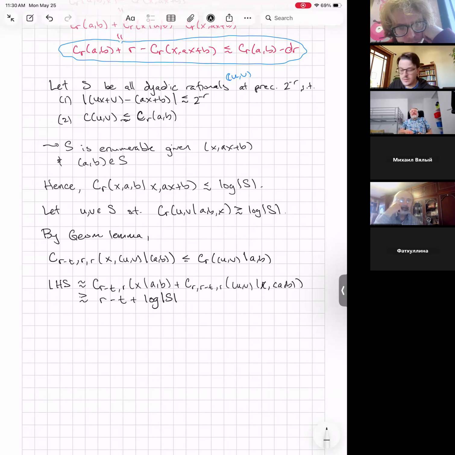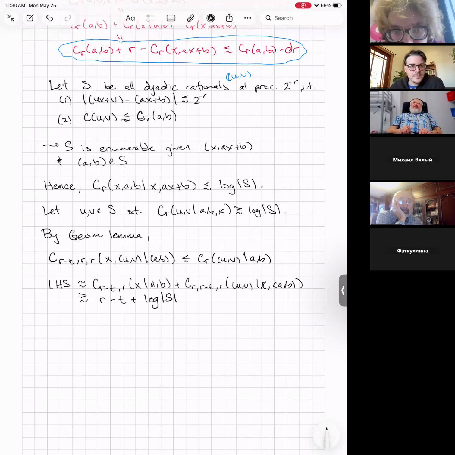We need some lower bound on the cardinality, if we want to continue this inequality. Oh no, I'm done with the left-hand side.